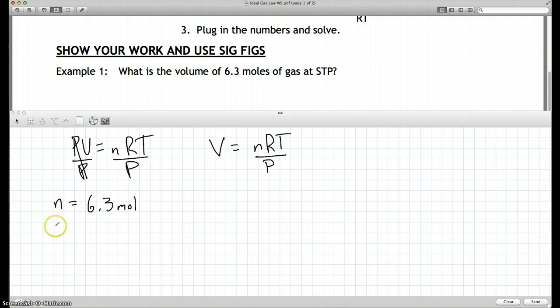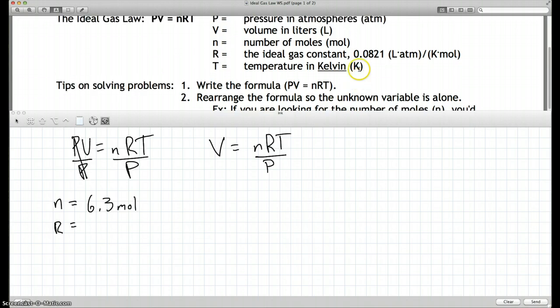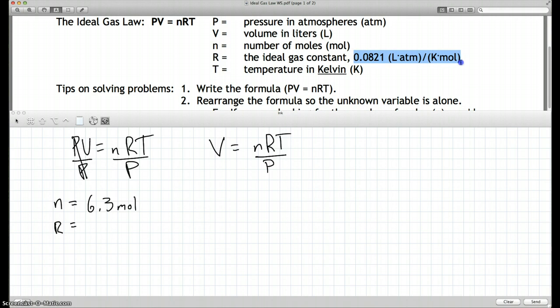I also need R, and like I said, R is always this number with that unit right there: 0.0821 liters times atmospheres on top, Kelvin times mole on the bottom.